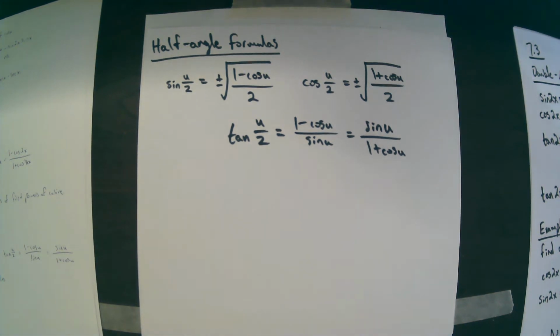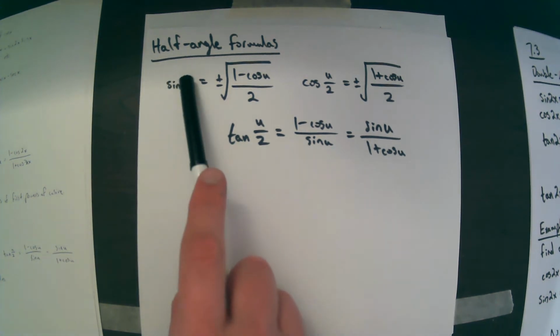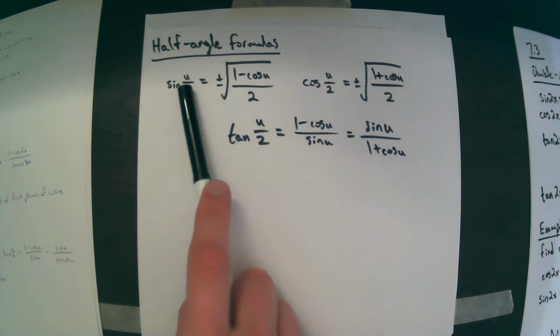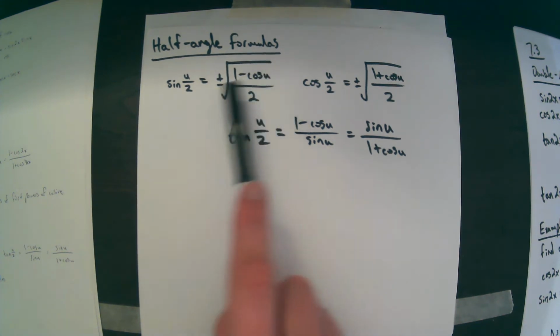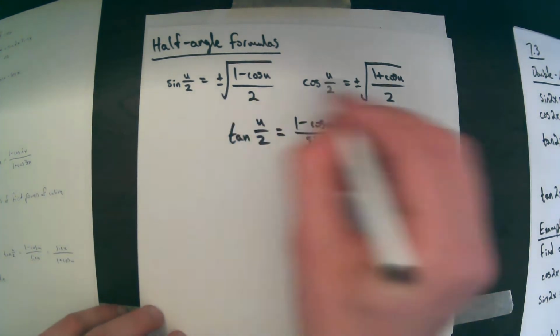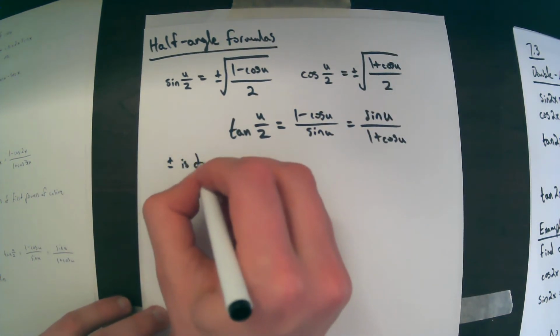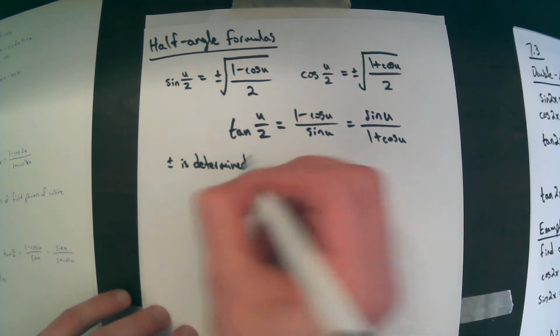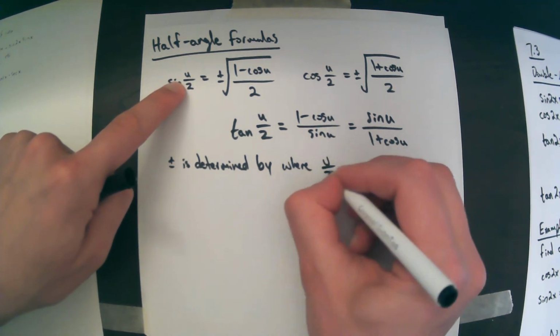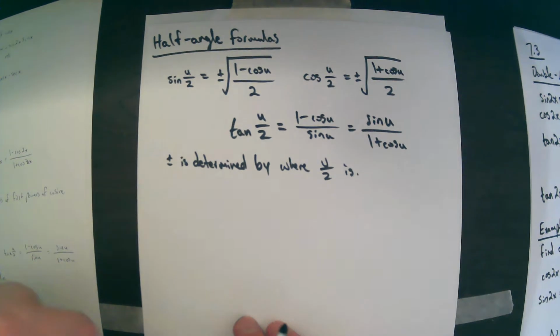So if you know some special angle, like 30 degrees, that's a special nice angle, but you've got sine of 15 degrees, then you would let u be 30, because 30 over 2 is 15, and then you would use 30 in the formula. By the way, the plus or minus in these two is determined not by where u is, but by where u over 2 is.